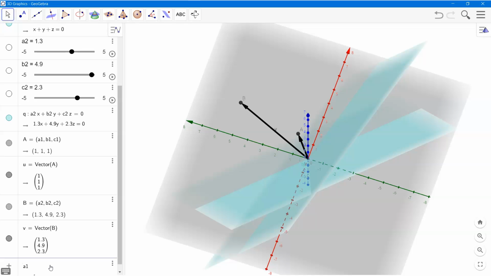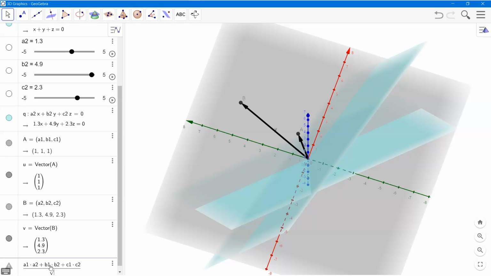A1 times A2 plus B1 times B2 plus C1 times C2 divided by the product of the magnitudes.